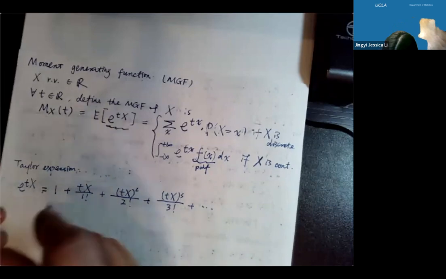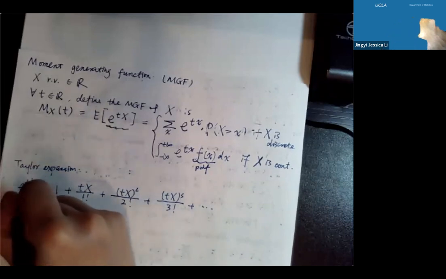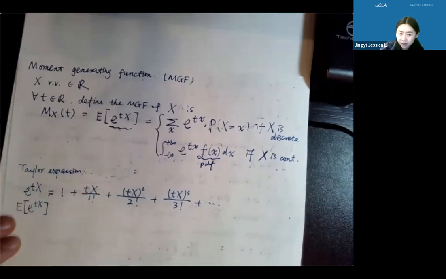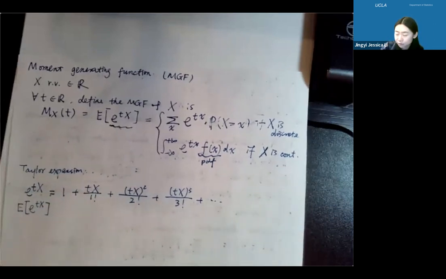If I now add expectation to the left and right-hand side, adding the expectation to the left-hand side will give me the definition of the MGF.